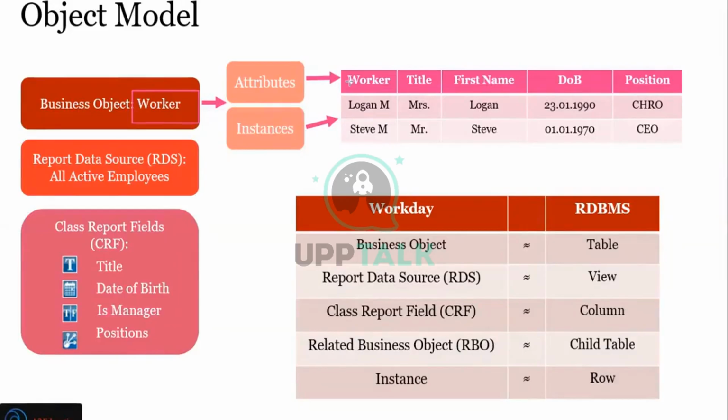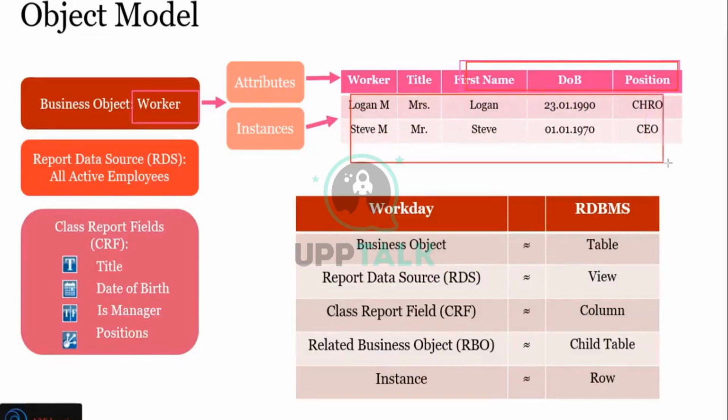Now each worker has a number of attributes, and then we have a number of instances. And then these are all your CRF, class report fields: first name, title, date of birth. Everything that you see here is a field.